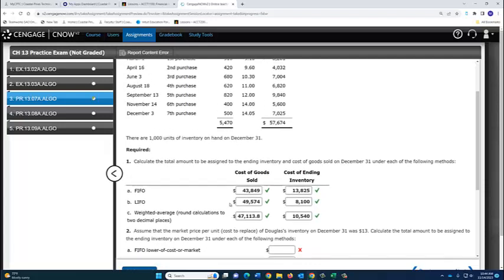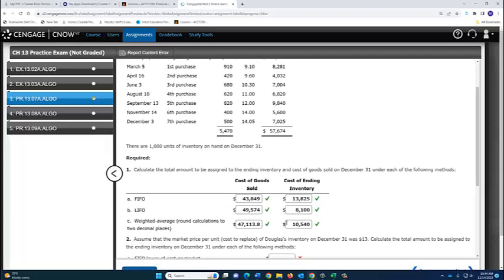Just checking those figures. Now, if you take the $10,540 and subtract it from the total cost under weighted average, you're going to be off 20 cents because of the rounding. But I have tried to go into the exams and give students points for any rounding errors that might have occurred in CNOW, so no worries.